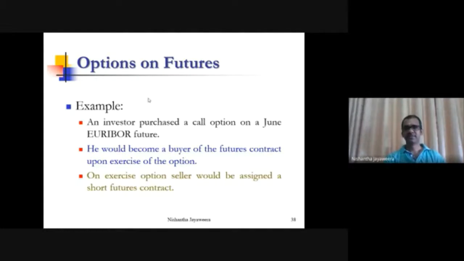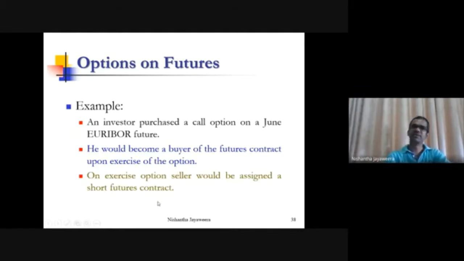Then what would happen to the seller of the option? He is selling a futures contract to the buyer of the option. So that's why it says the seller would be assigned a short futures contract. On exercise of the option, the buyer will buy the futures contract and the seller will sell the futures contract.